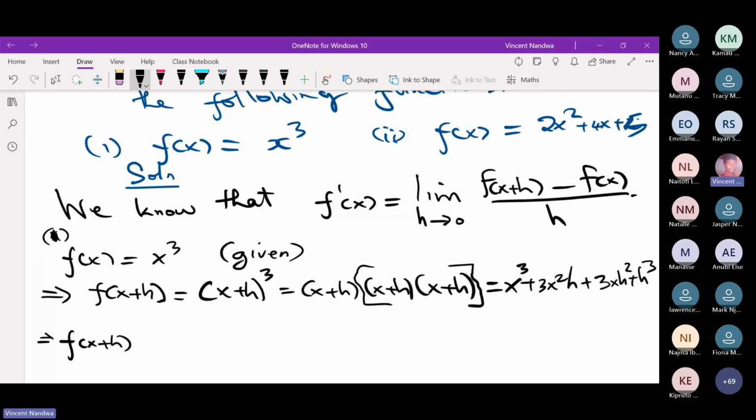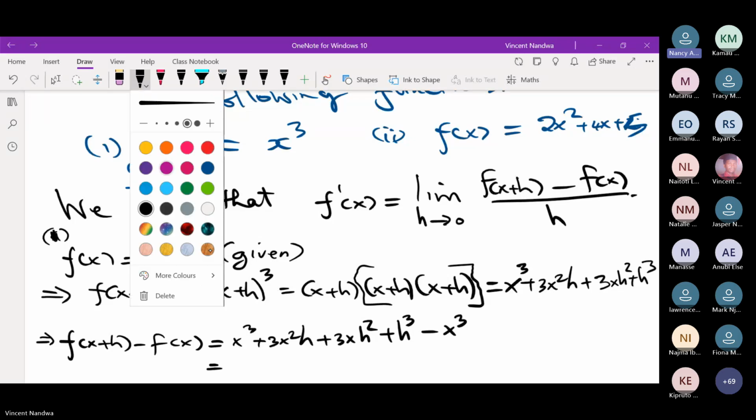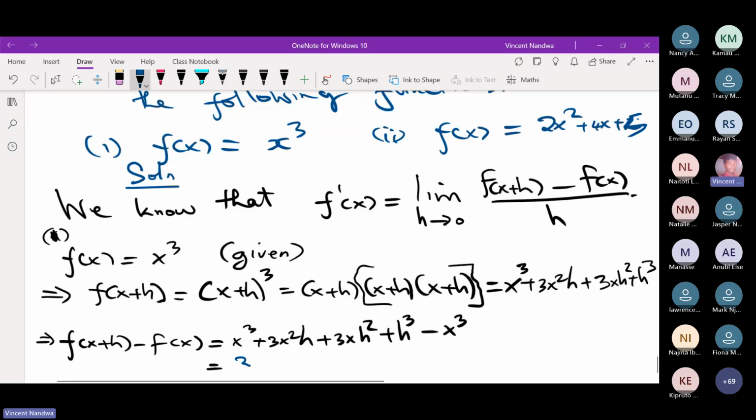So this implies f of x plus h minus f of x will be x cubed plus 3x squared h plus 3x h squared plus h cubed minus x cubed. So that will reduce to 3x squared h plus 3x h squared plus h cubed.